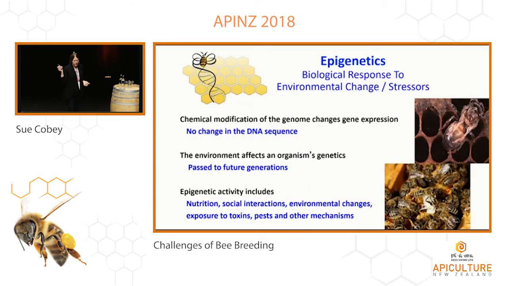Epigenetics, this is really interesting. It shows that in response to the environment, it will up or down regulate genes. So you may have something that's not really being expressed, but the environmental impact can upregulate something or turn that on. For example, talking about hygienic behavior, that'll upregulate the olfactory genes so that they're more responsive to that.